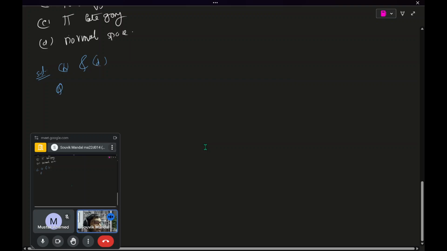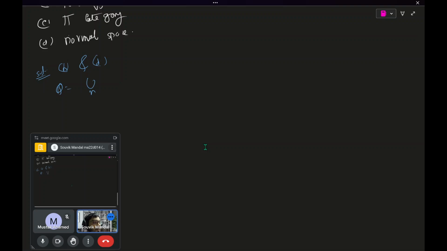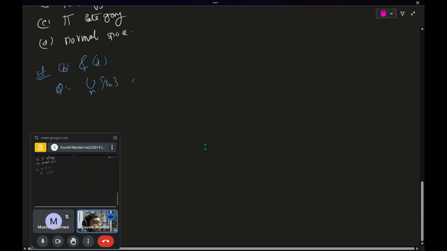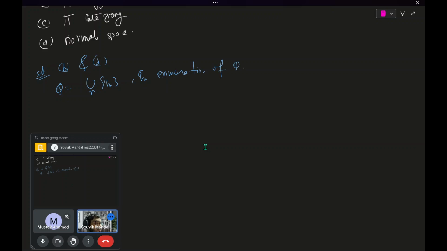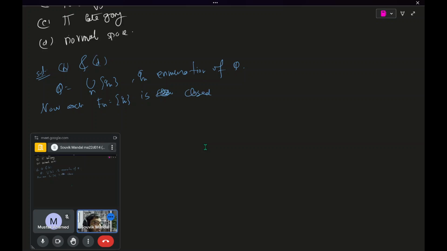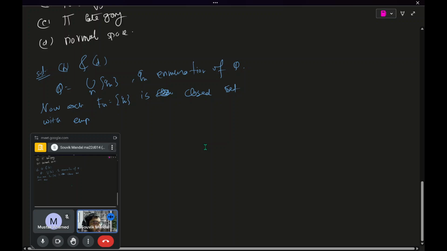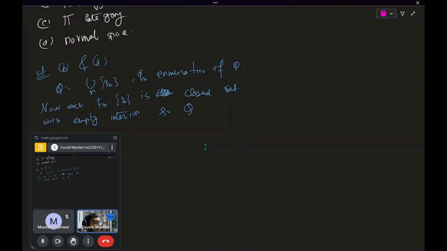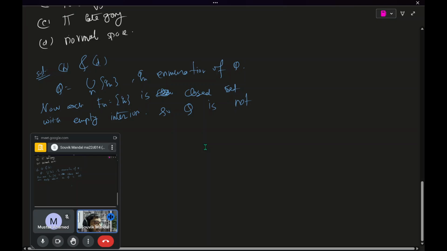Take Q equal to the union of {q_n}, where q_n is an enumeration of Q. Now each F_n is a closed set with empty interior. So Q is not second category.